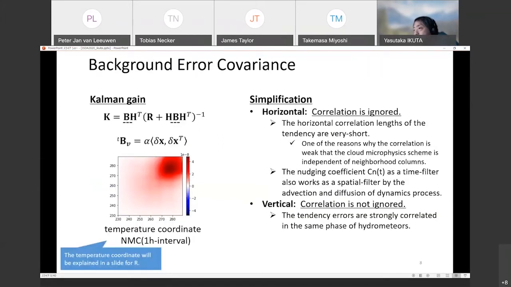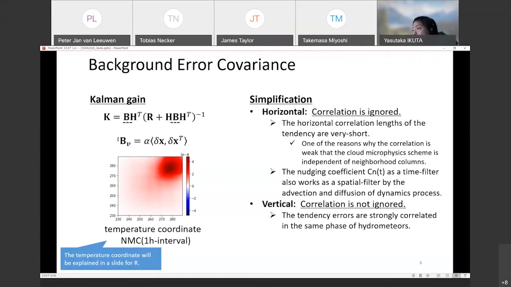Next, the background error in the Kalman gain was estimated by the NMC method for 1 hour intervals. We estimate B in the temperature coordinate, which will be explained later. The structure of the background error has been greatly simplified. The horizontal error correlation is ignored.